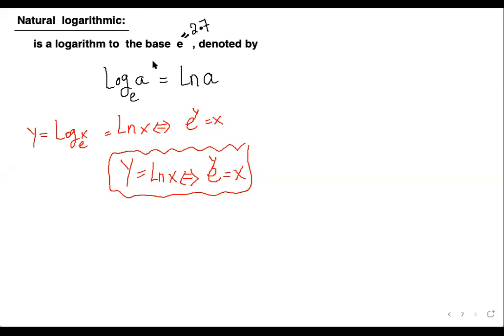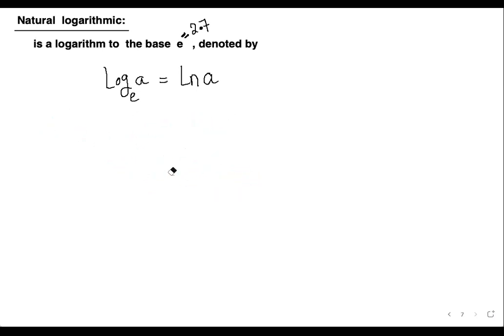Can you explain? You should know the logarithm of a to the base e always equals ln a. This is clear here. But if I told you y equal ln of a, how can I change it from the logarithm to the exponential function?